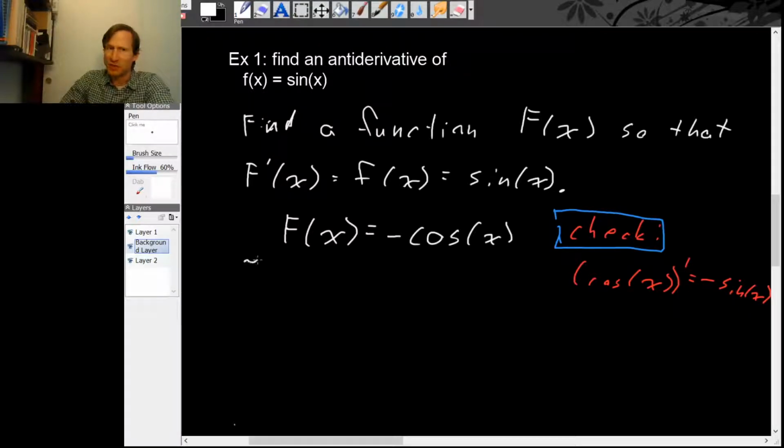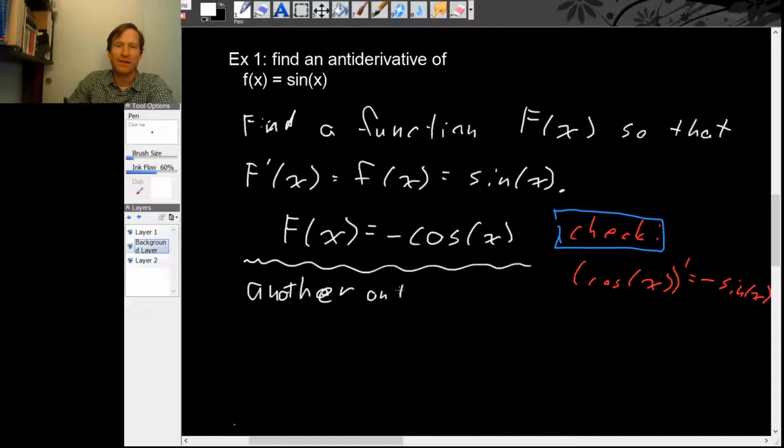Something that you might have noticed is that there's another function that we could have chosen. There's another antiderivative. So negative cosine isn't the only antiderivative of sine. What about negative cosine of x plus, say, 2?